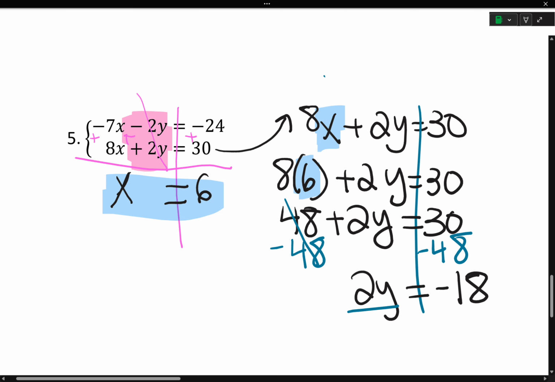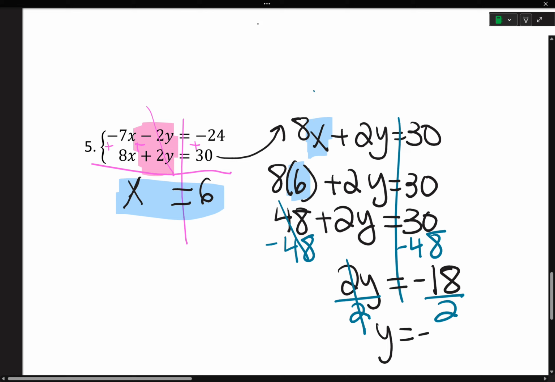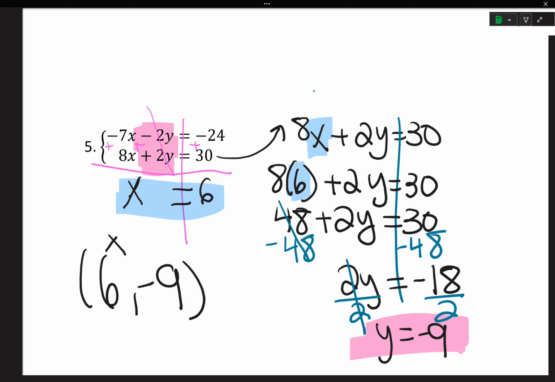Anyways, let's finish by dividing both sides by 2. Y equals negative 9. Alright, not bad. Well, this is essentially the process of linear combination.